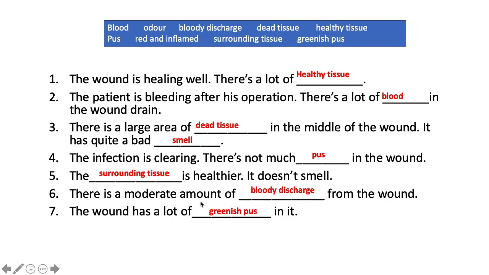That would be, or we could just say pus in it. And number 8, the skin is still blank. Our word left to fill in this space would be red and inflamed. So the skin is still red and inflamed.